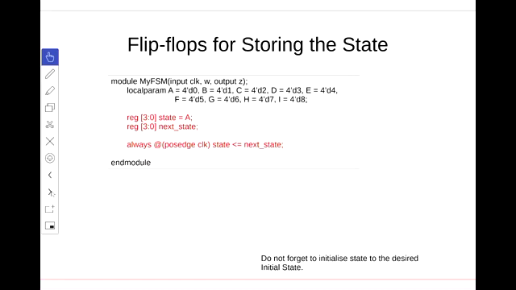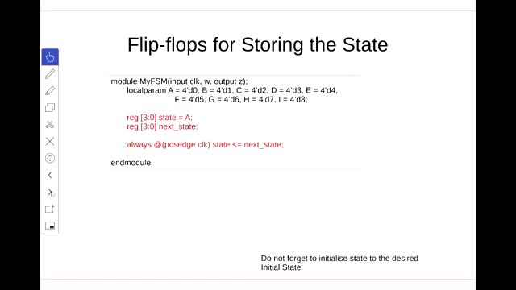You may well ask, why have I declared next state using a reg? Maybe I just need to declare it to be a wire? I know that coming up I'm going to use a case statement to implement my transition logic, also known as next state logic. So my next state is a combinational function.